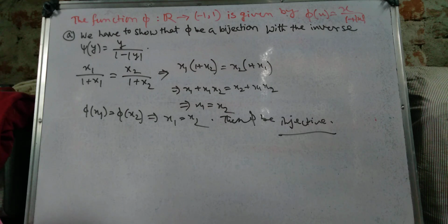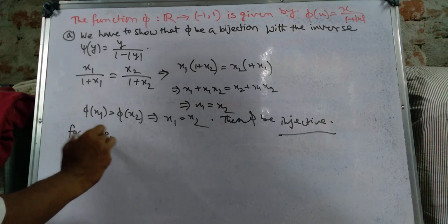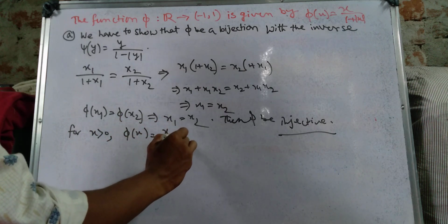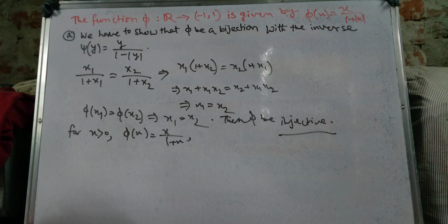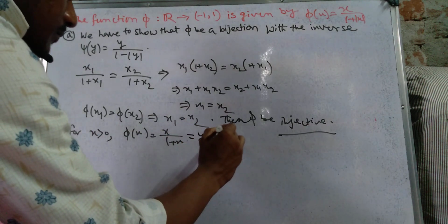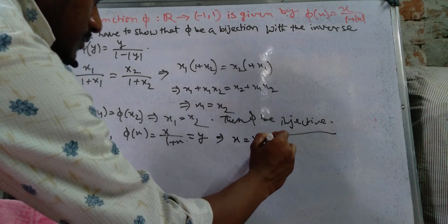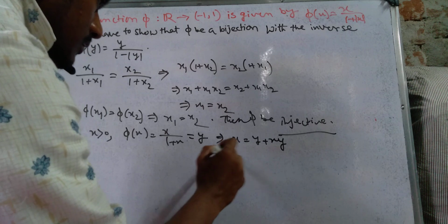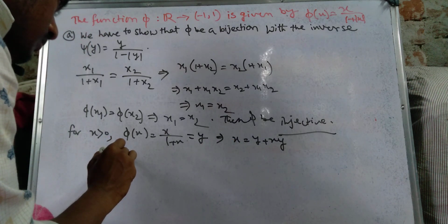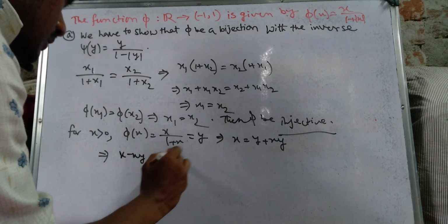Now for x greater than 0, phi(x) equal to x by 1 plus x. Take y equal to this one. This implies that x equal to y plus xy. This implies that x minus xy equal to y.